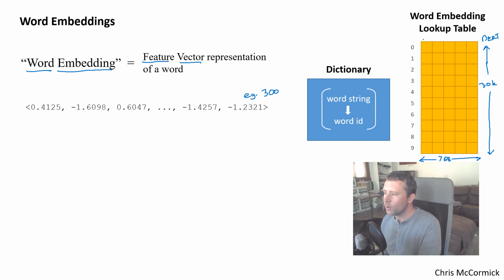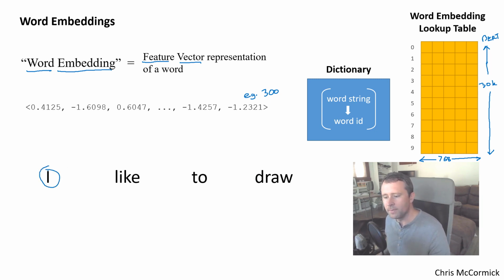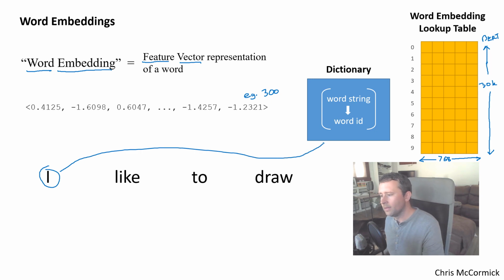Since there's a word vector for each word in the vocabulary, we need a way to map from the string version of the word to its ID, or really its row number in this table. So there's also a dictionary that hashes word strings and looks up the word IDs for us. We can take an example sentence like, I like to draw. And what we would do is for each word, we would look up its ID in the dictionary. And let's say the word I is at position number 1.